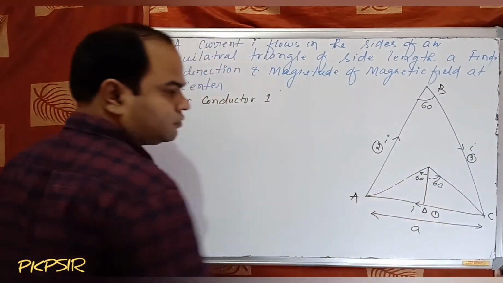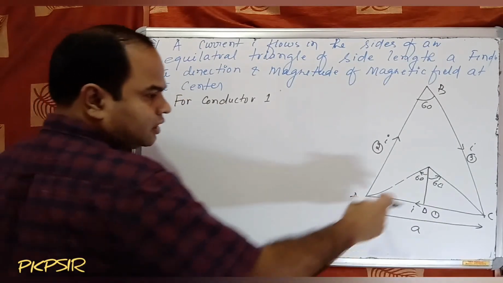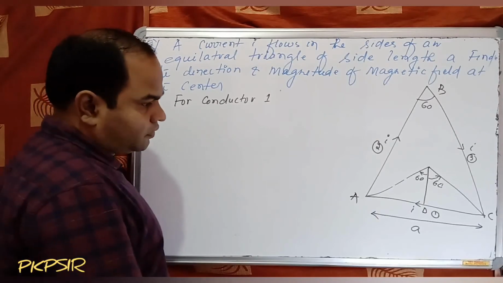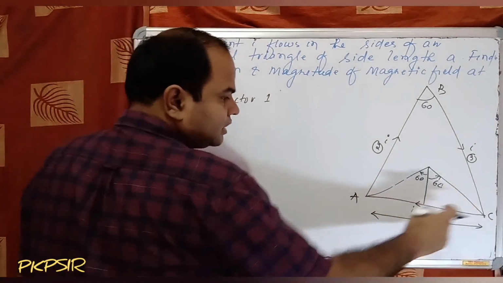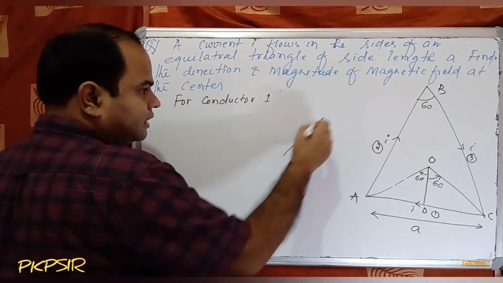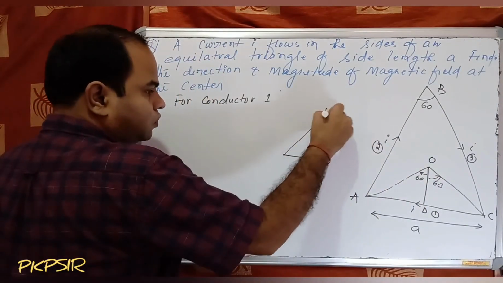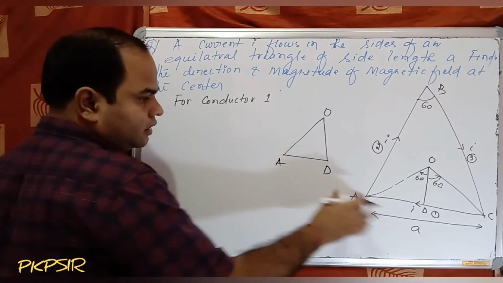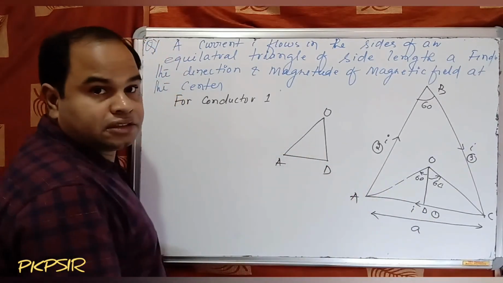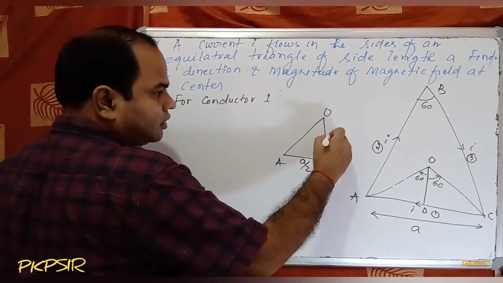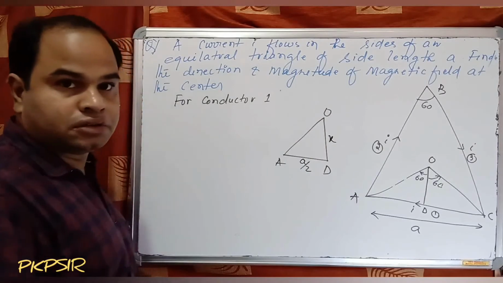Let us assume this is D. For the first conductor we need the value of the perpendicular distance; we only know the side length. Let us say this is O, this is A and this is D. It has half of the edge length, so it is A by 2, and we need the perpendicular distance.